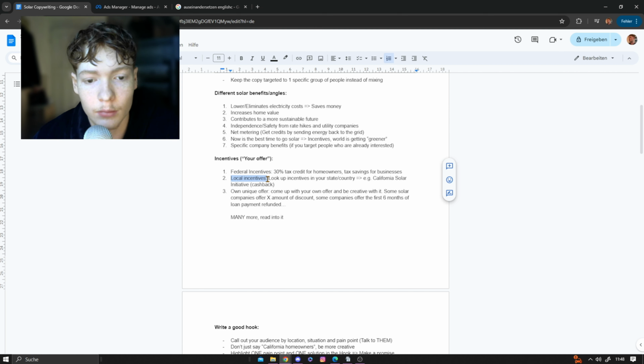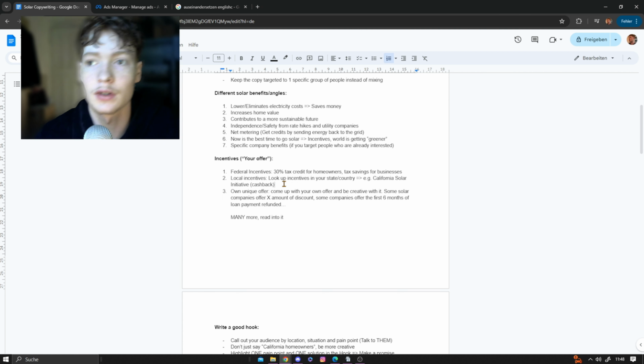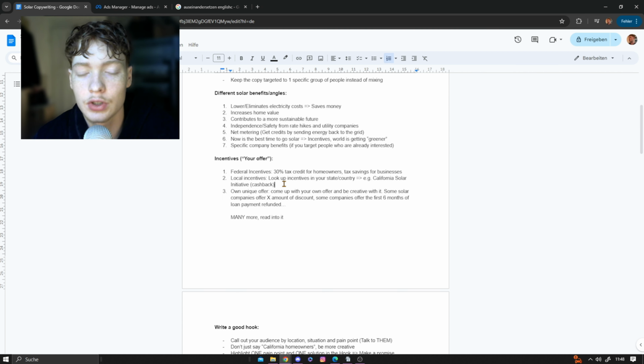Then we've got local incentives. There are incentives that are only in certain states and areas of the US, for example the California Solar Initiative, which is pretty much a cashback. When you install solar, you get something like $1,000 cashback. You can search for local incentives in your area and your state.